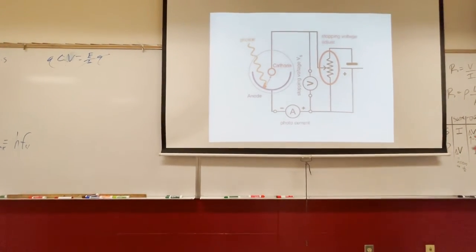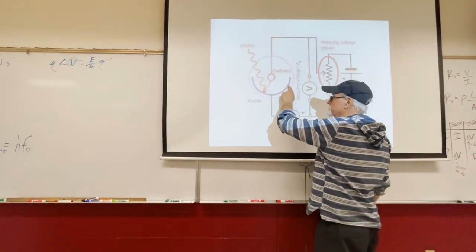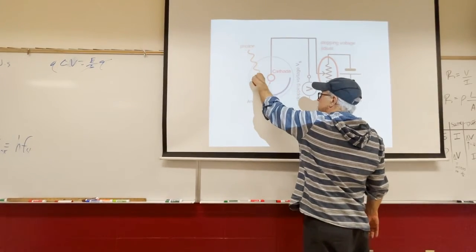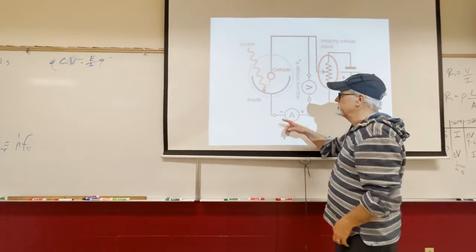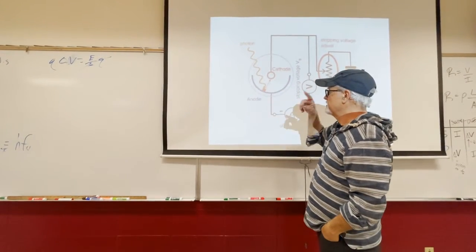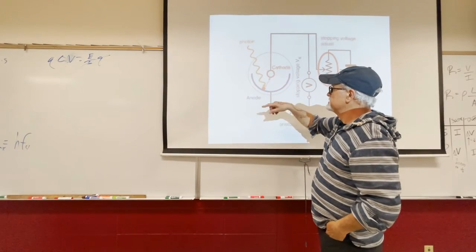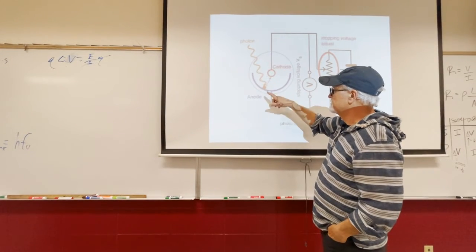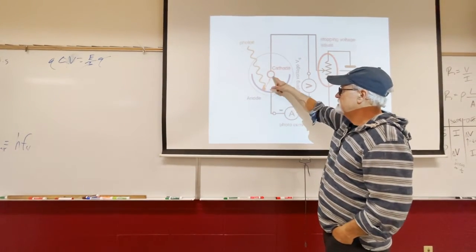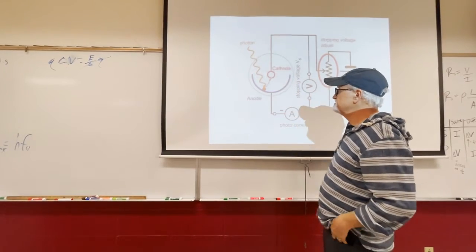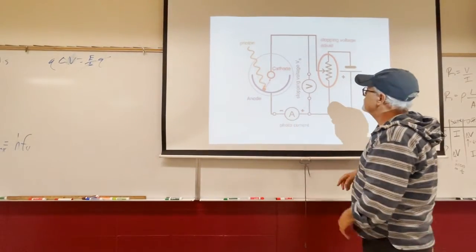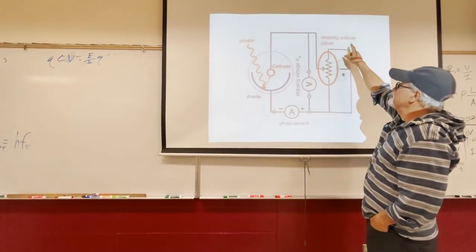Okay, here you've got your metal plate. And here is the photon that comes in, strikes this, and kicks out an electron. The electron goes from the anode to the cathode, from the negative to the positive, with some kinetic energy. What you have here is an adjustable stopping voltage.